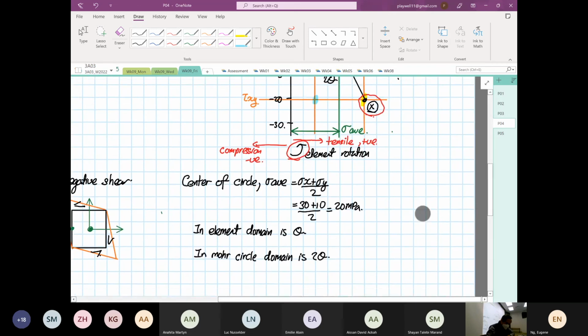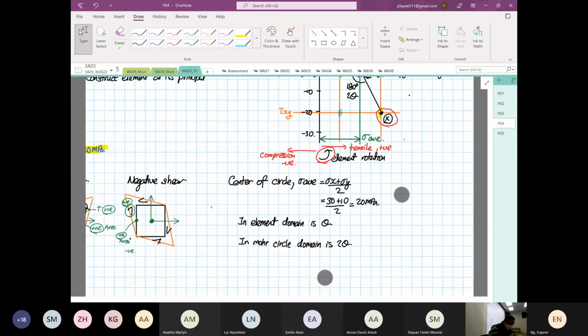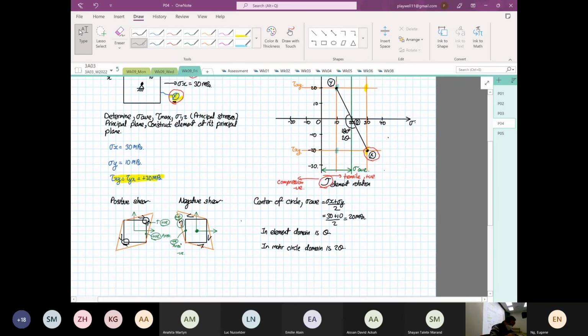Sorry, next we are going to find, let me zoom out, the radius of the circle, which corresponds to your tau max.